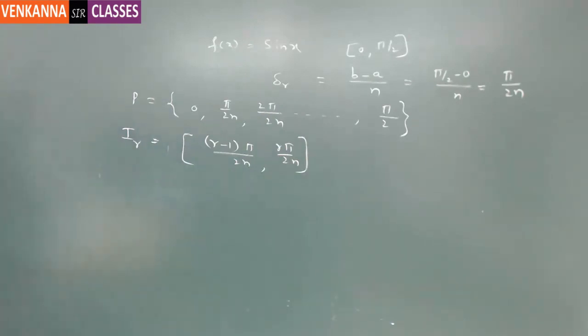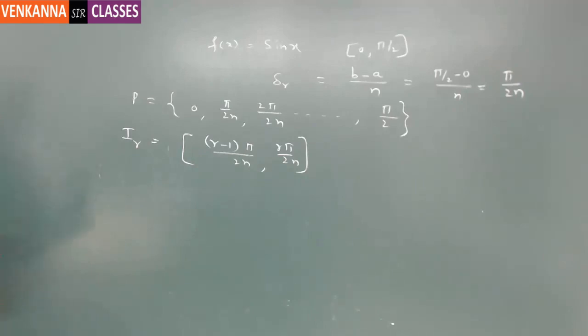It is the rth subinterval. Please check on that. Any more doubts over the partition, interval length and rth subinterval, you can ask. Because this is the usual way of writing the partition, the rth subinterval and the length of the subinterval.